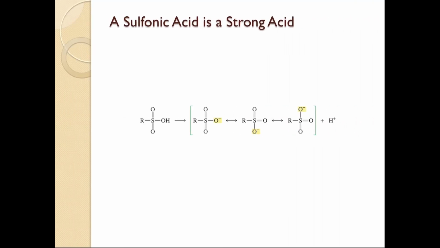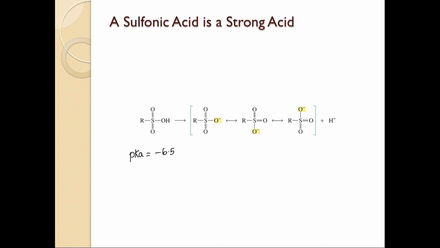One important thing to say about sulfonic acid is that it is a very strong acid. It has a pKa value of about -6.5, which means it's definitely a very strong acid. Because it's a strong acid, the corresponding conjugate base is going to be weak. Why should it be weak?